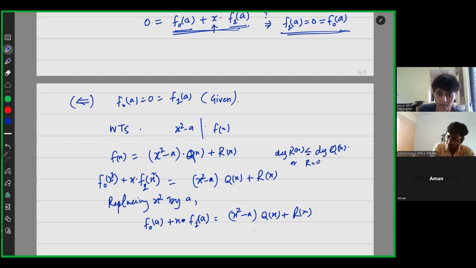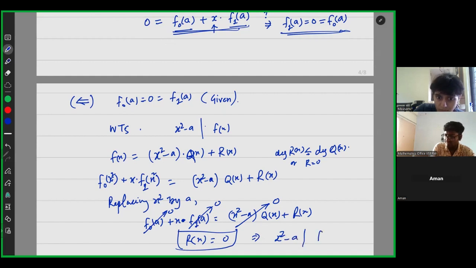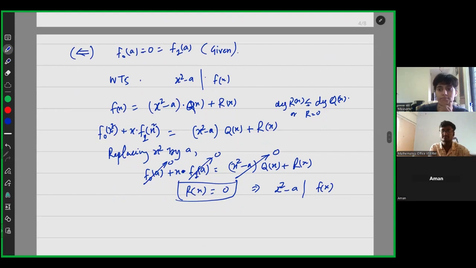Here also you will just replace x square by a. This becomes 0. This becomes 0. This is 0 by hypothesis. So all that is left is r(x), that is 0. This implies x square minus a divides f(x). Okay.